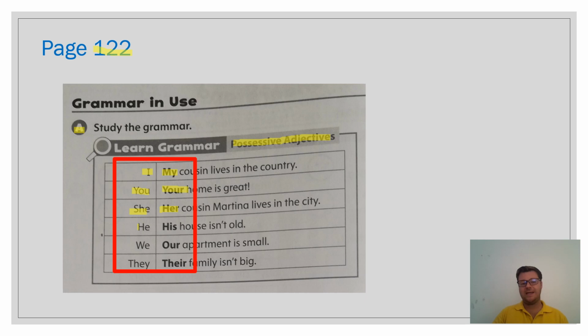Pronoun he, possessive adjective his. Pronoun we, possessive adjective our. Pronoun they, possessive adjective their.